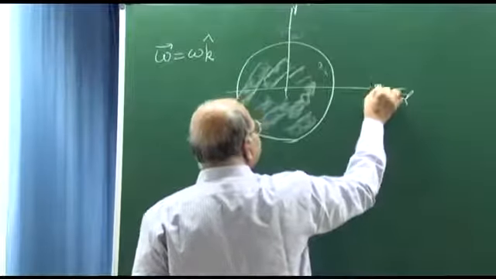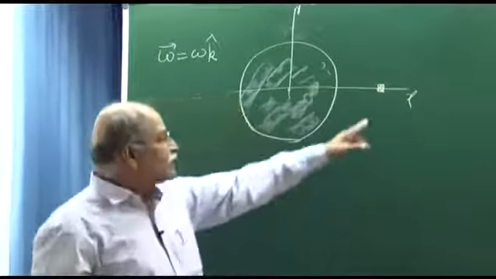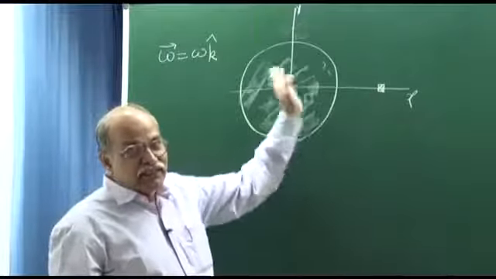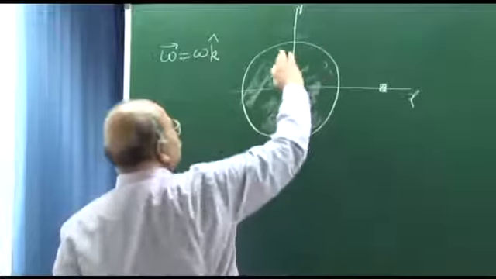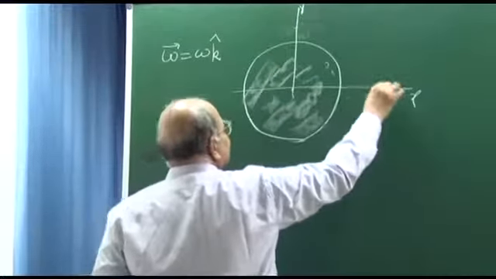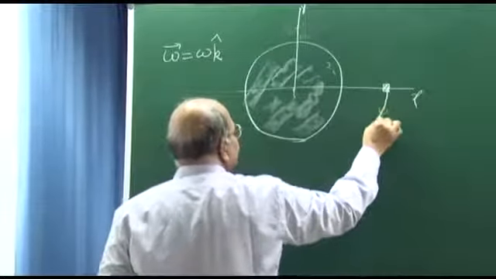At a certain instant this object is here, it is at rest in the lab. In this frame it is going in a circle, and in the lab this was going anti-clockwise. So, as seen from here, it will go in this direction, in this circle.